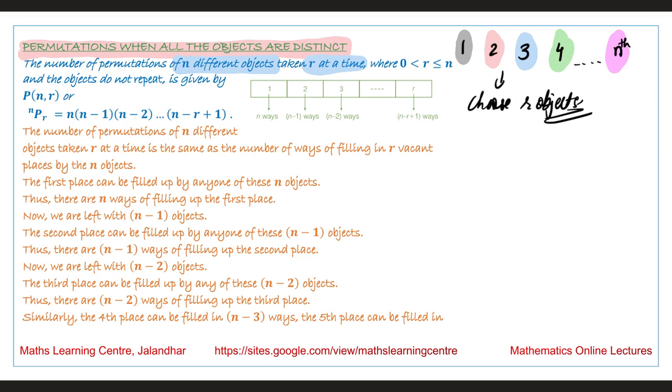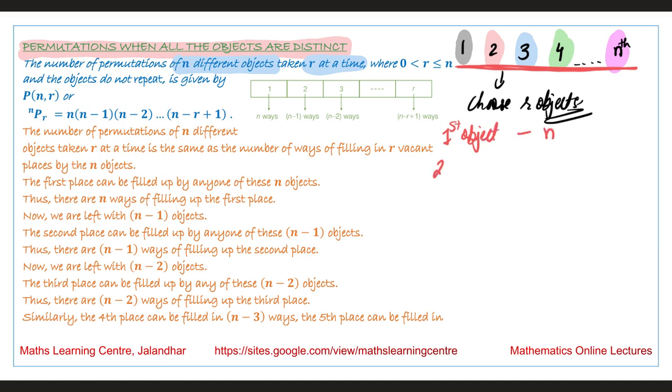So if we want to choose the first object, how many options do we have? We have a total of n options. I am talking about the first object when we choose. It is n options.